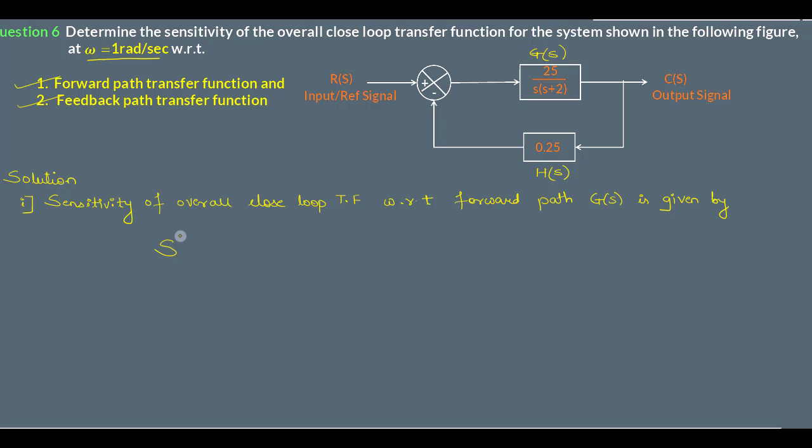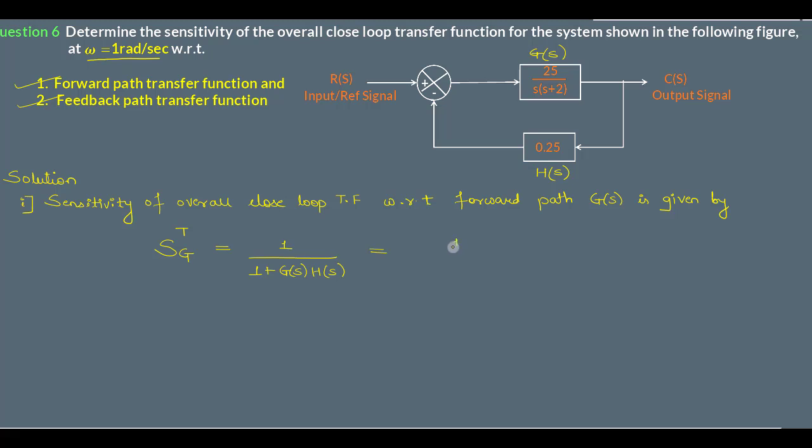We know the formula: the sensitivity of the overall transfer function T with respect to forward path G is 1 upon 1 plus G of s into H of s.